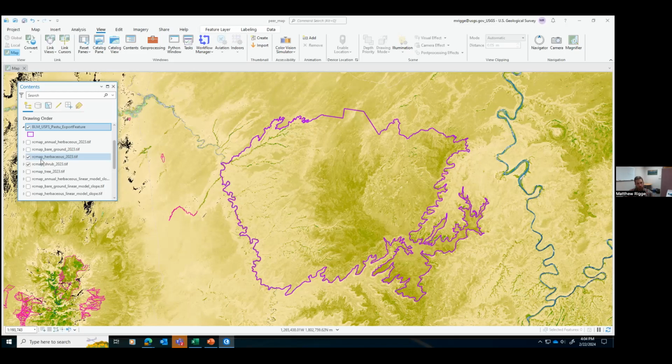I would always look at your field data if you've got field data in your area. That's an important line of evidence to consider as well. I don't see this remote sensing work as replacing field data. I think that's short-sighted, but I think they can complement each other for sure.